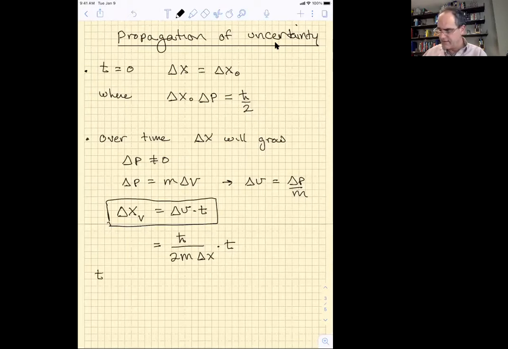Now when t becomes large, delta x sub v will typically be much greater than delta x0. It'll completely dominate the uncertainty. And so in that case, when we calculate the uncertainty in position, we should use this result, okay?